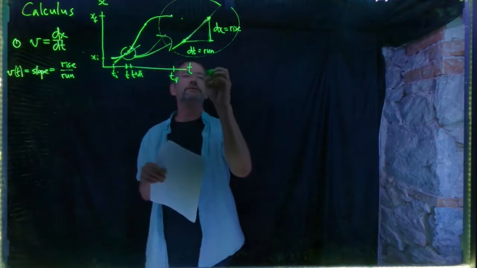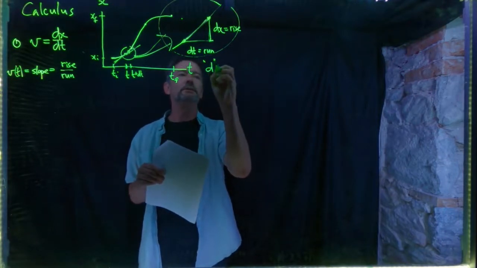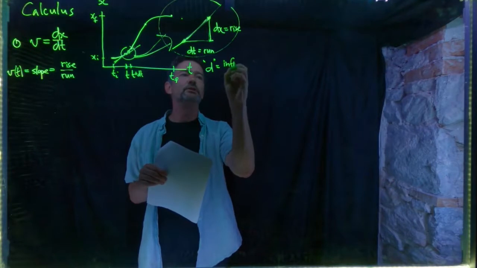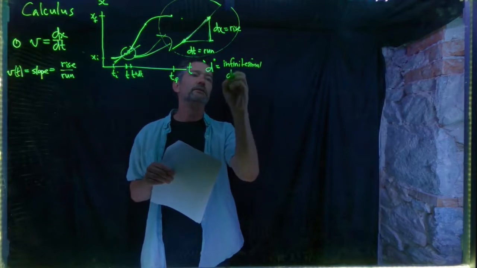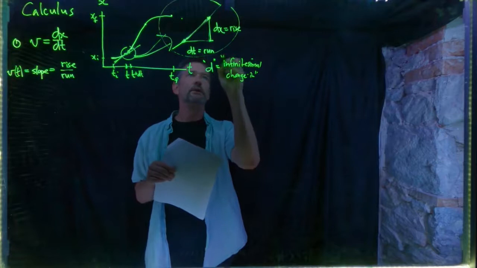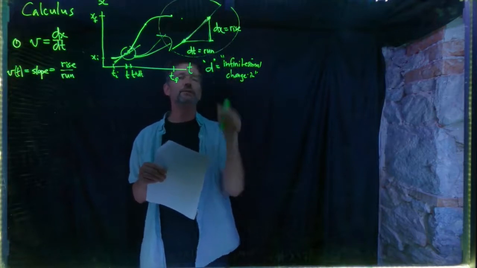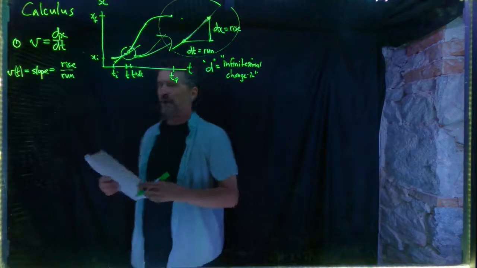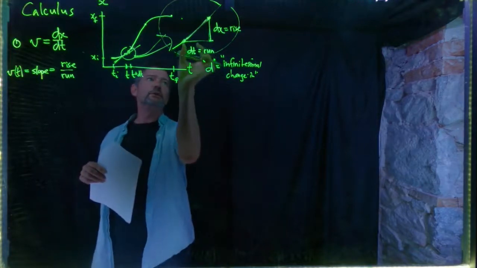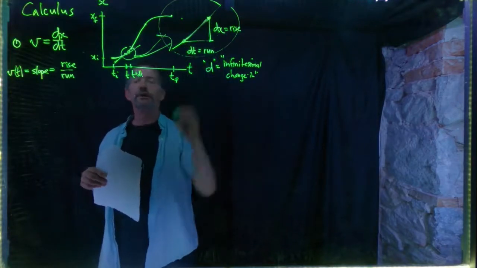The d means infinitesimal change in some quantity. So dx means infinitesimal change in x, and dt means infinitesimal change in the time. We take the limit as dt gets smaller and smaller, so this really becomes a straight line.